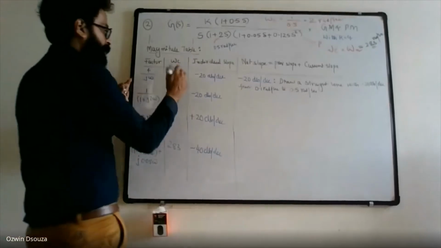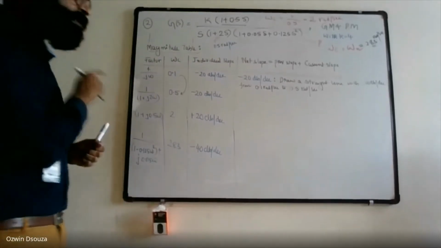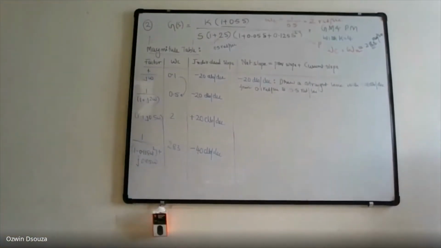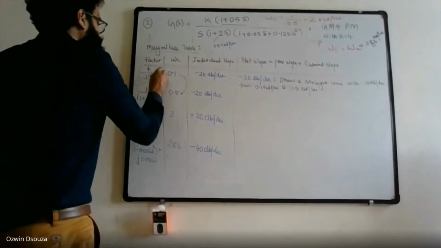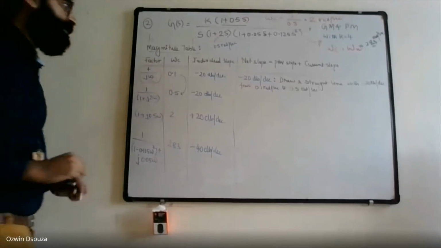So from 0.1 to 0.5 radian per second, you should draw a straight line with a slope of minus 20 decibel per decade.